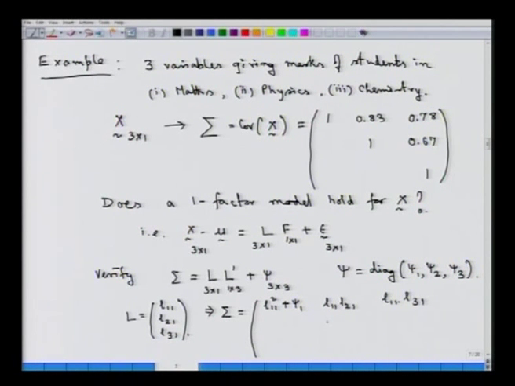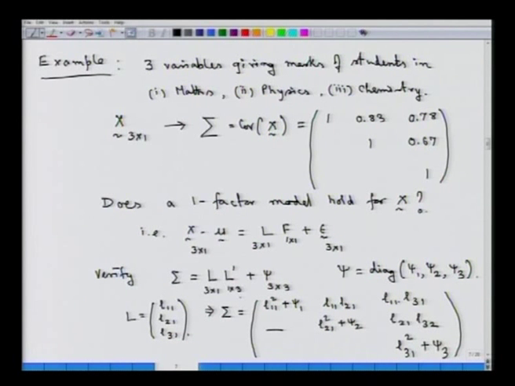The second diagonal entry is L21 squared plus psi 2. This entry is L21 times L31, and the third diagonal entry is L31 squared plus psi 3. This is a symmetric matrix, so the entries below the diagonal are the same as those above.